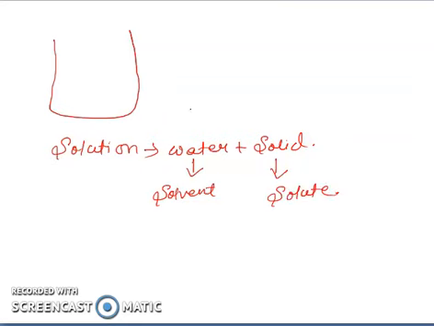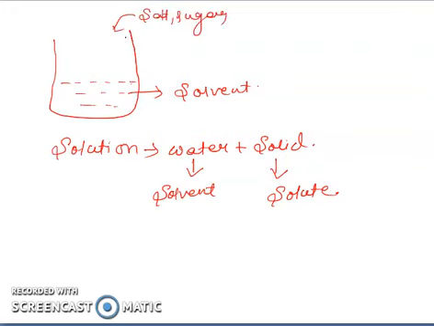Suppose in a beaker we take some liquid content, and this liquid content is known as solvent. And when we pour some solid content like salt or sugar, it is known as solute. By mixing both solute and solvent, we prepare a solution.